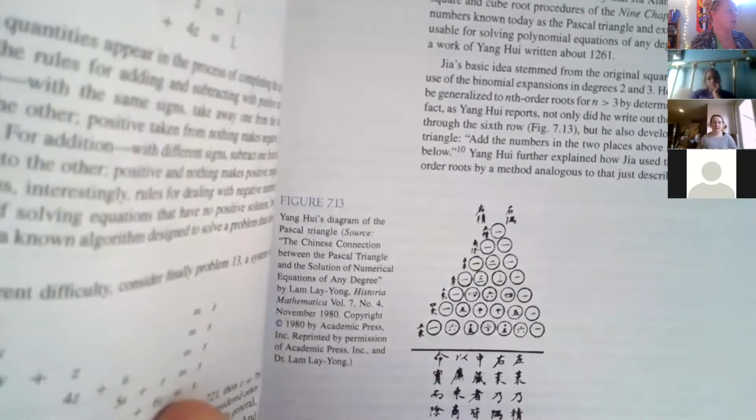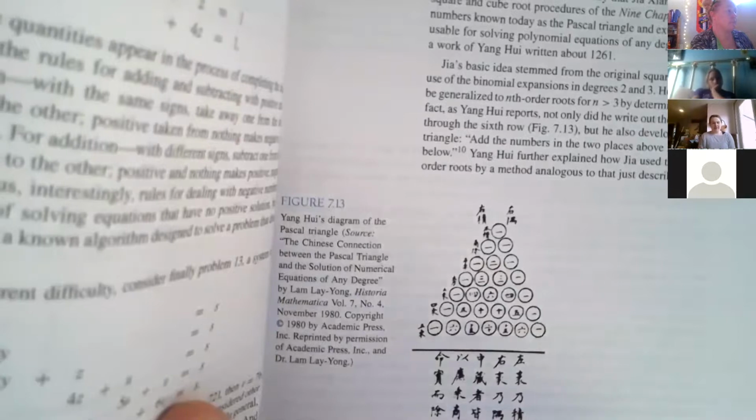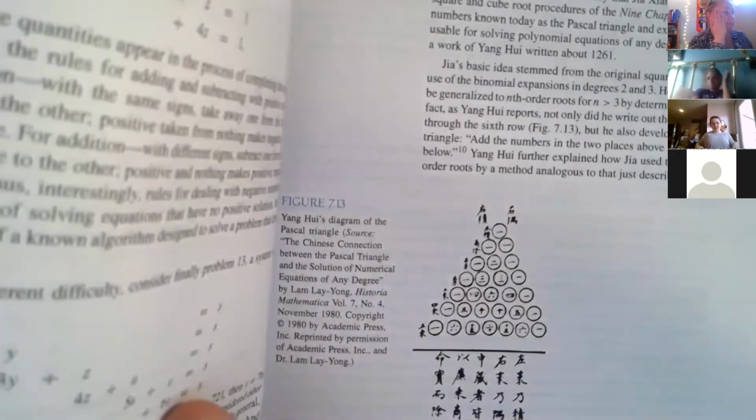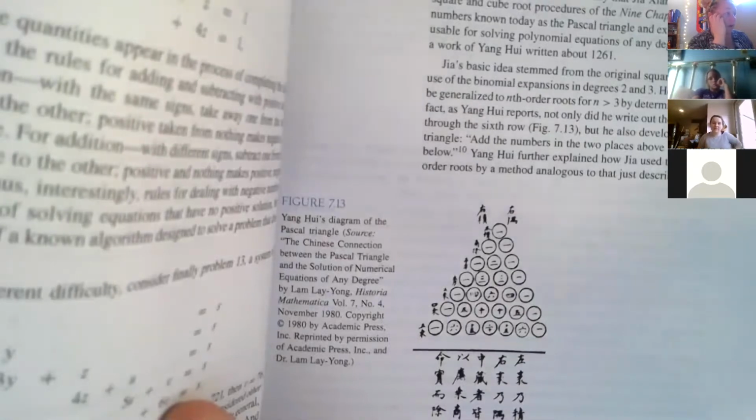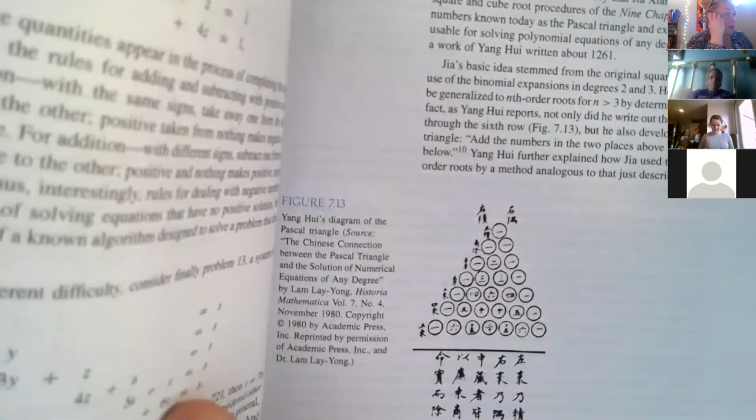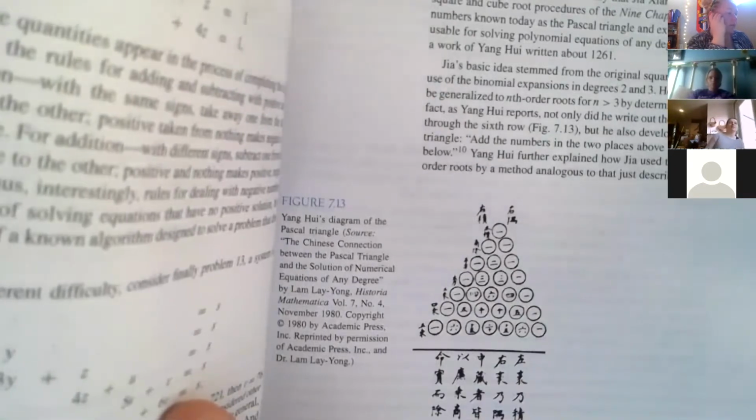So it would be interesting to look at Chinese textbooks and see if it's not called Pascal's triangle but has a different name. Our understanding of it is based on the Europeans, because that's who we've named it after.